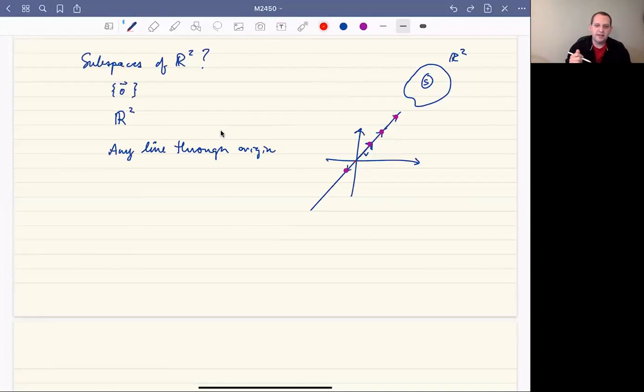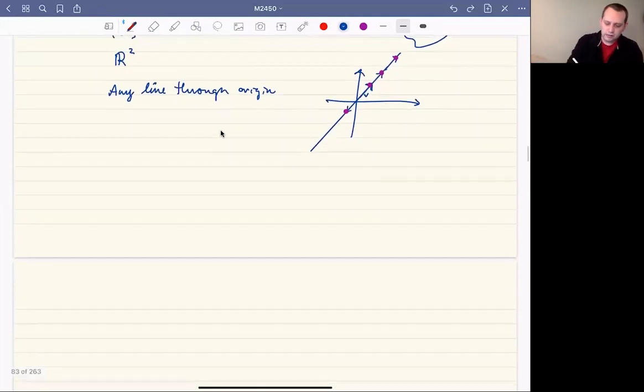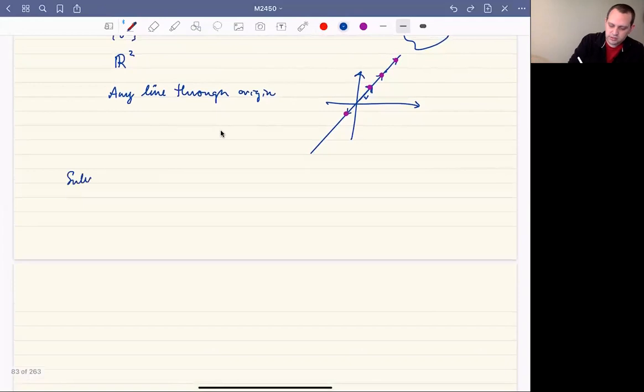And if you scale a vector V, you again get any vector along that line. And so it turns out that it passes the subspace test. So any line through the origin will turn out to be a subspace. Okay, so there's really three types of subspaces of R2. In R3, it turns out that there's going to be four types of subspaces.